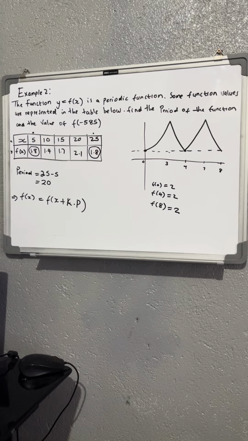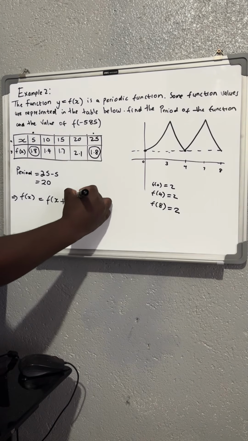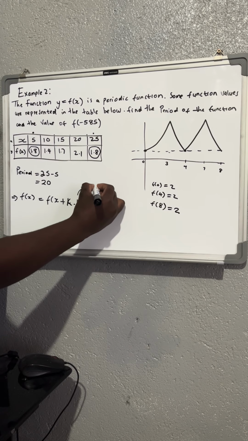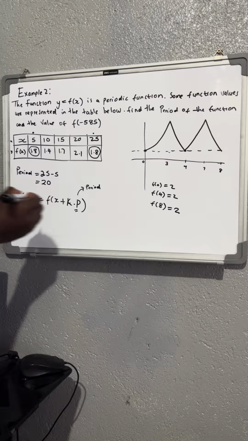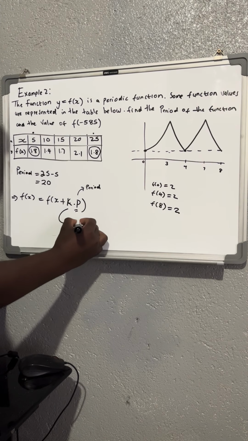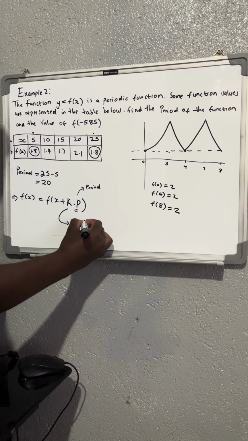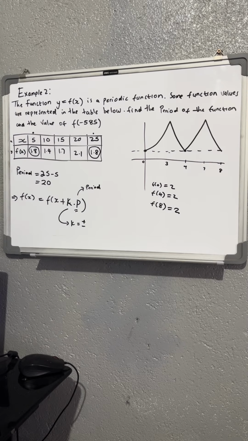The p that you have here is your period. Then the k that you have here can either be positive or negative. So your k is simply any integer. So the k tells you how many full periods you shift along the x-axis. So in simple terms, it also tells you how many times this graph is going to jump or make those circles.